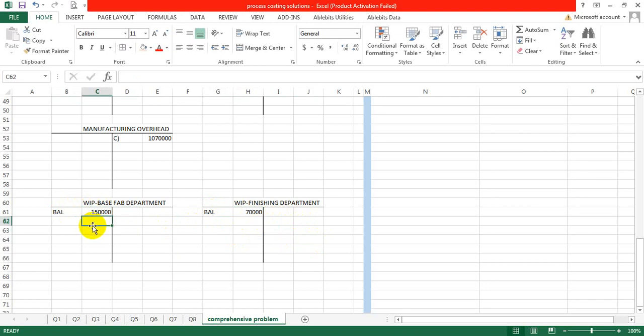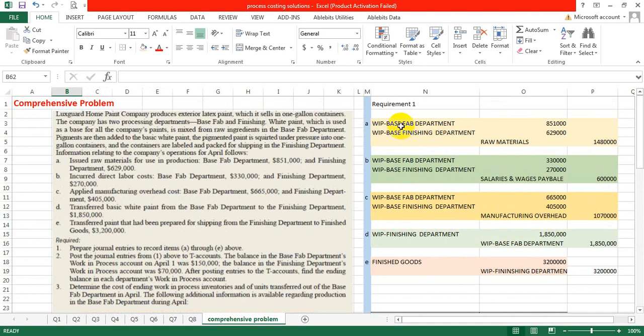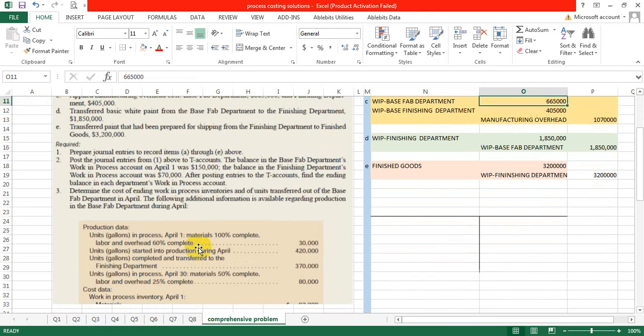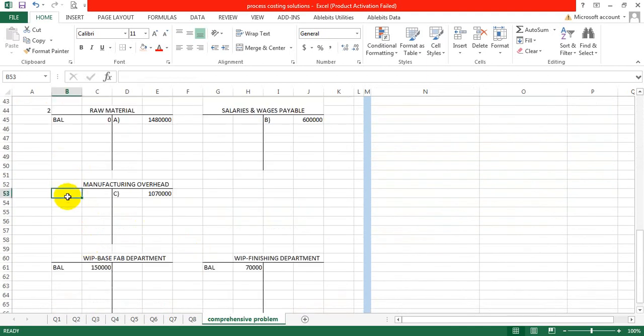Okay, now we will write the values and the transactions we have done. In transaction A, see here, WIP base fab debit with 8,51,000, WIP base fab debit with 3,30,000, WIP base fab debit with 6,65,000. So we will write these three entries in this account.